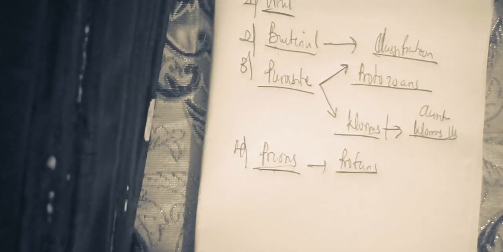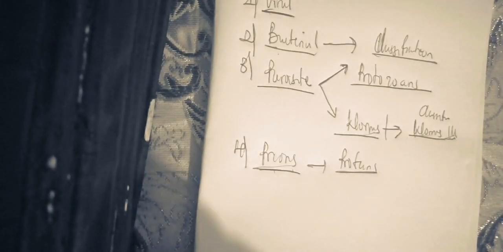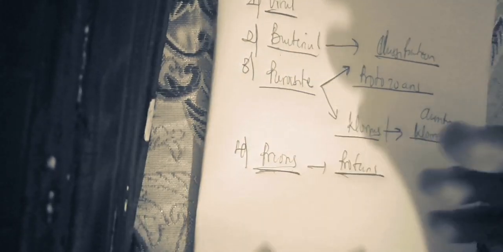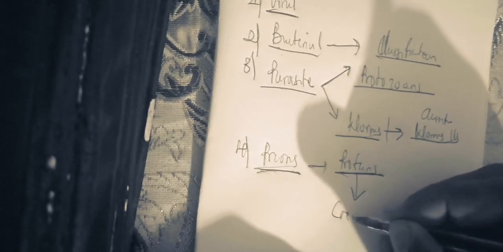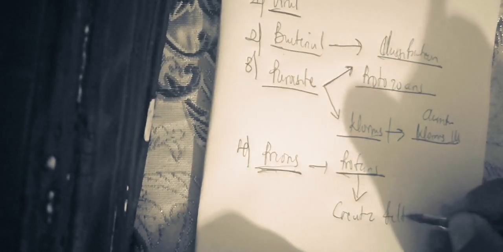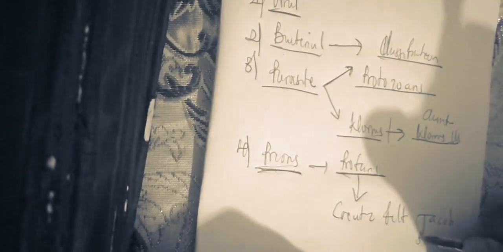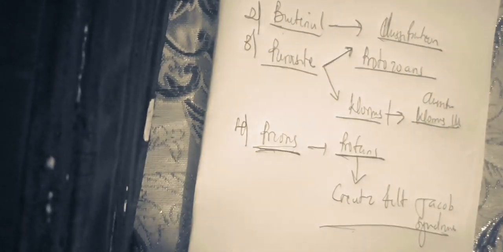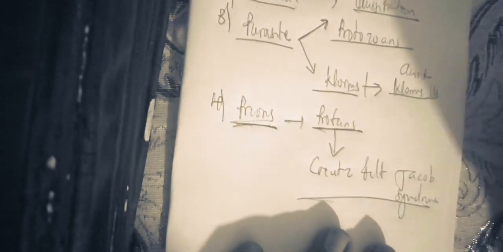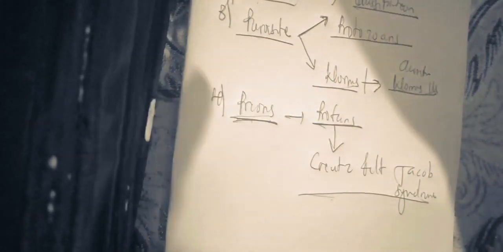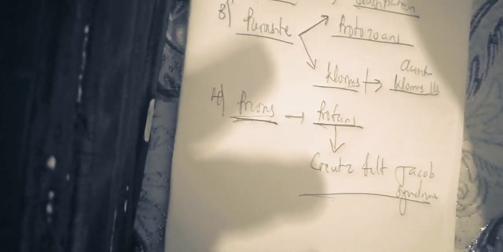The peculiar situation where you have prions is in the case of Creutzfeldt-Jakob syndrome. This is generally a situation where prions are transferred from a blood donor to a recipient.